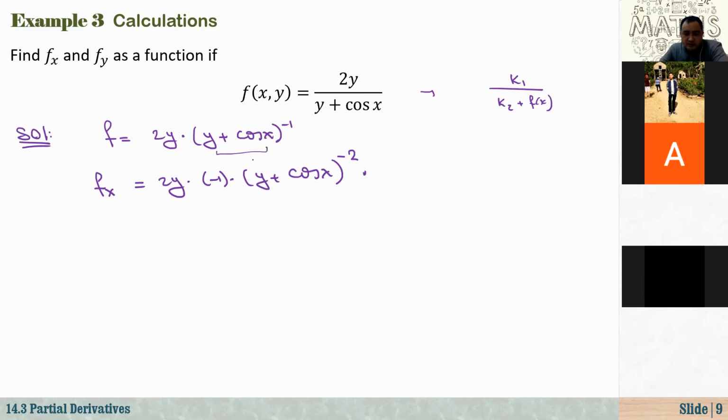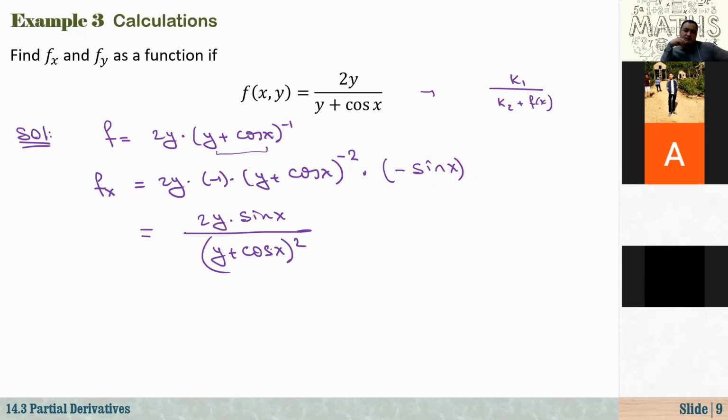If you differentiate with respect to x, the derivative of y is equal to 0. The derivative of cosine of x is equal to minus sine of x. So minus times minus is plus. So that's equal to 2y times sine of x over y plus cosine of x, squared. So that's the derivative of this function with respect to x.